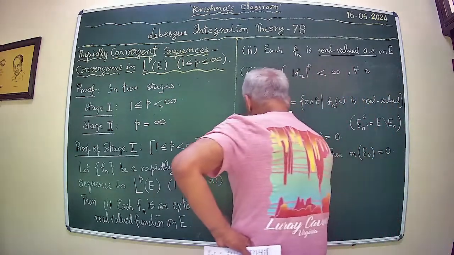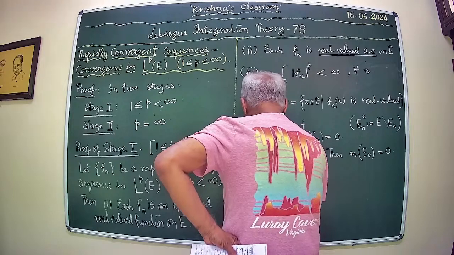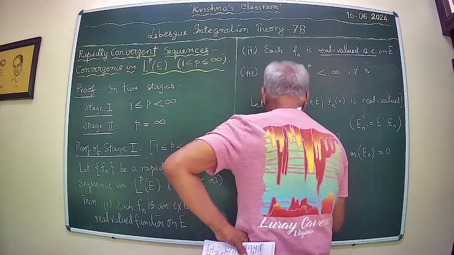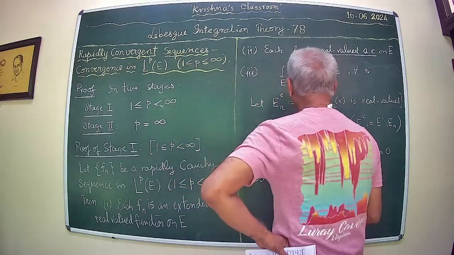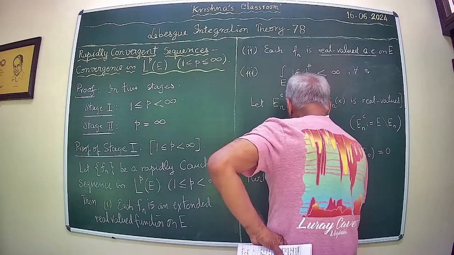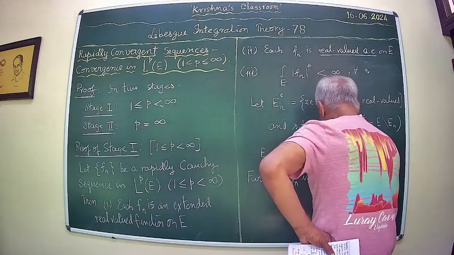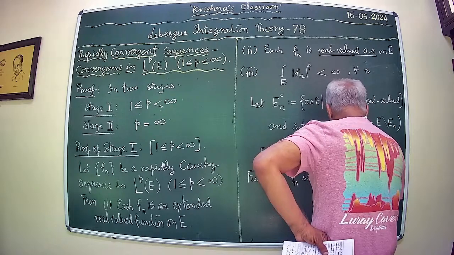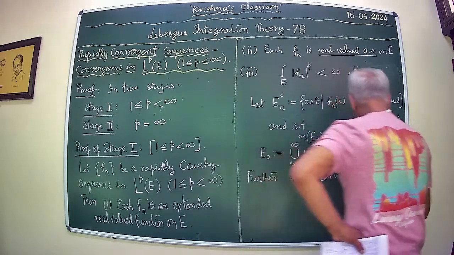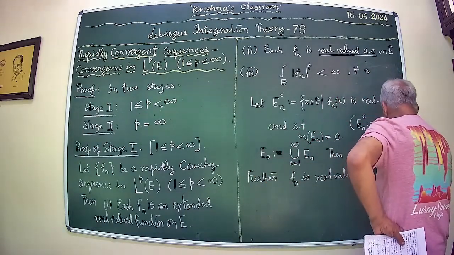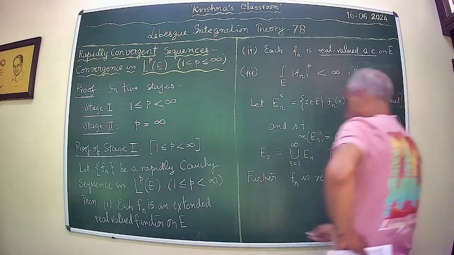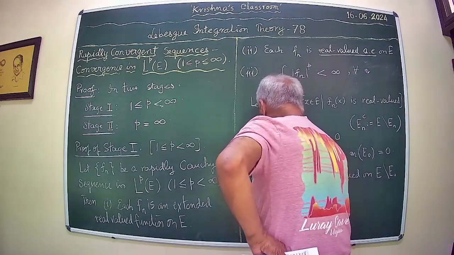Further, Fn is real valued on E slash E naught complement, which is the same as E naught.